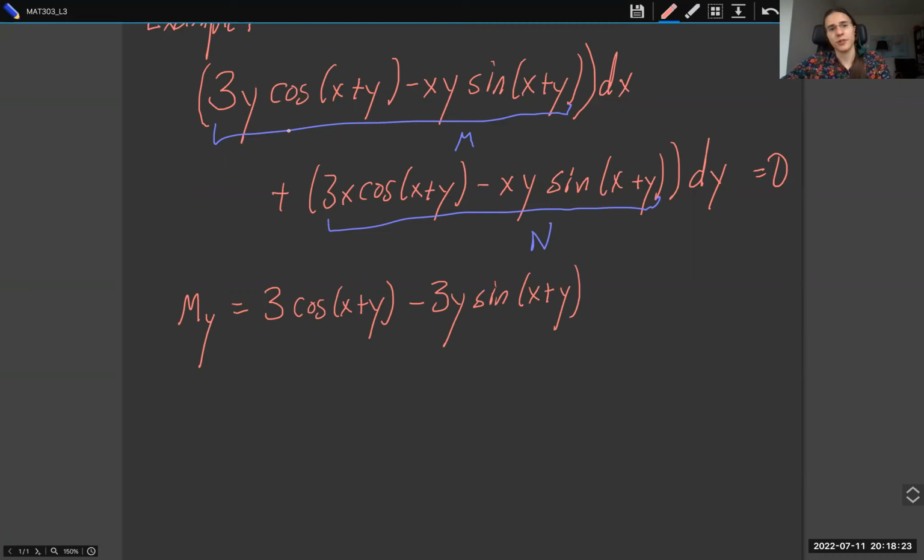That's only the first term, but then we have to do the second term. So then we get minus x sin(x plus y). But we're not done yet. We also need to differentiate the sine, and the derivative of sine is cosine.